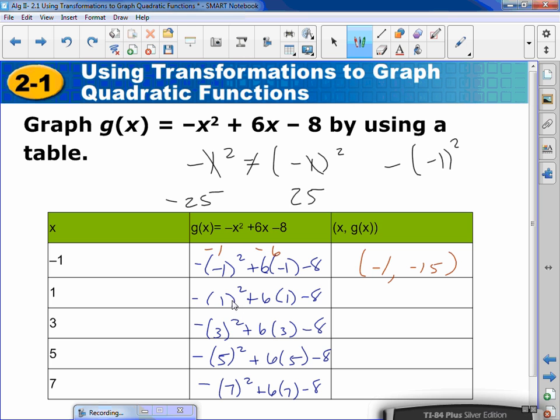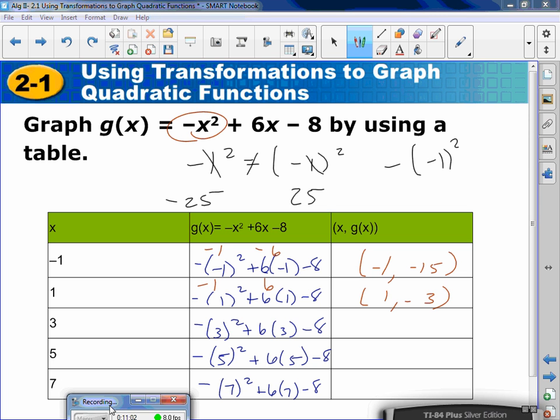The next one. 1 squared is 1. Make it negative. What's 6 times 1? 6. What's negative 1 and 6? 5. What's 5 minus 8? Negative 3, so the point is 1, negative 3. Three squared is 9, so I put negative 9. 6 times 3 is 18.